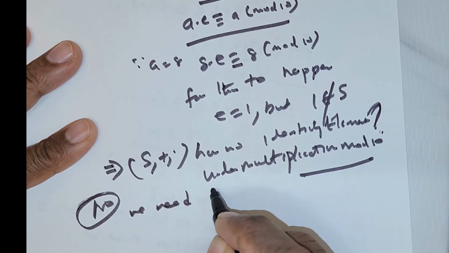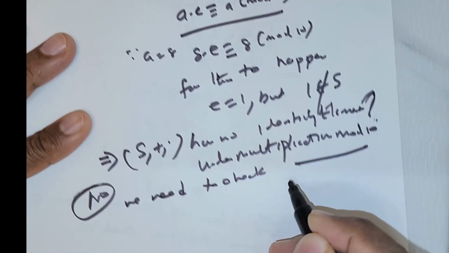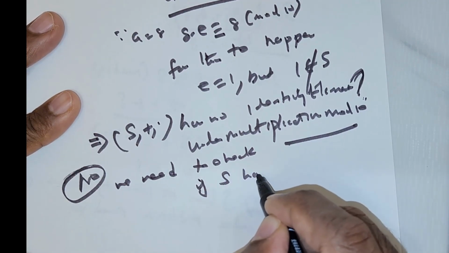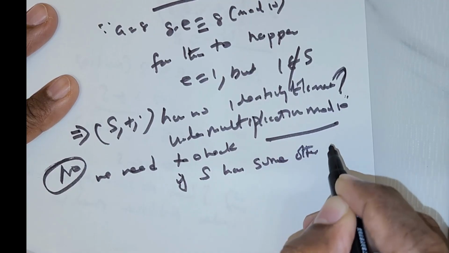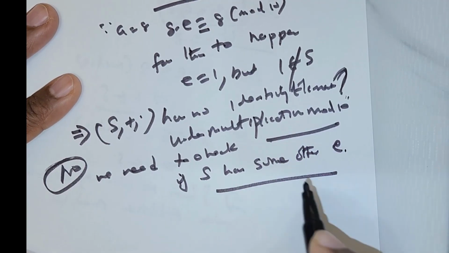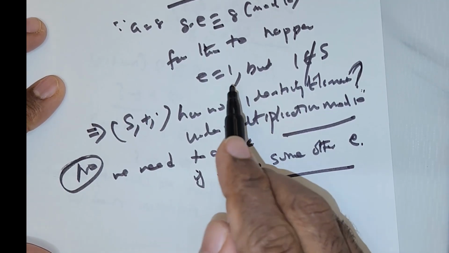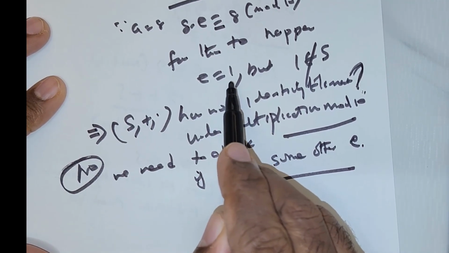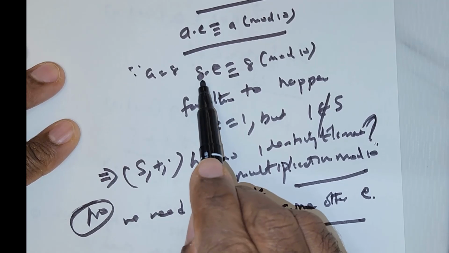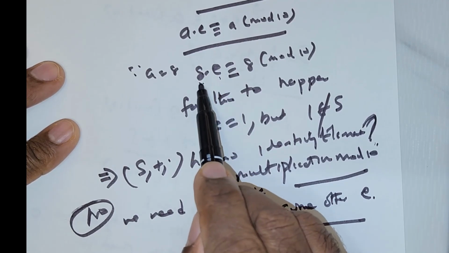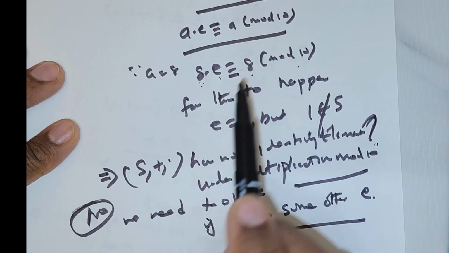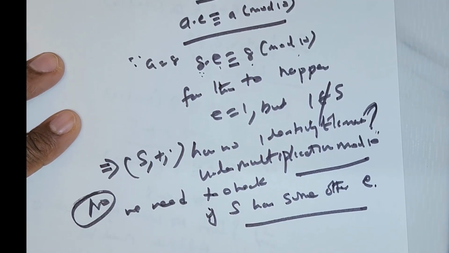We need to check if S has some other E. That's always a possibility. It's not necessary that E should always be 1. The requirement is this: the element operated with E should produce us the element back under the modulo 10 operation. So have that in mind.